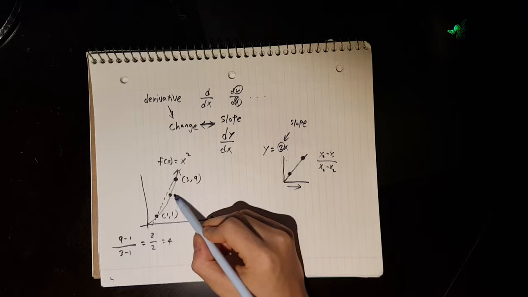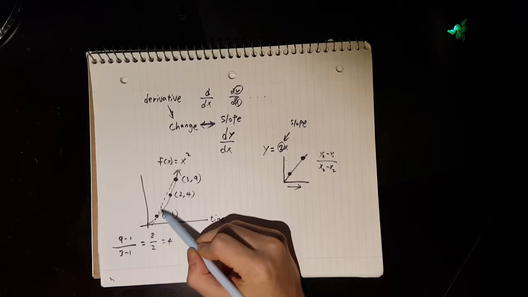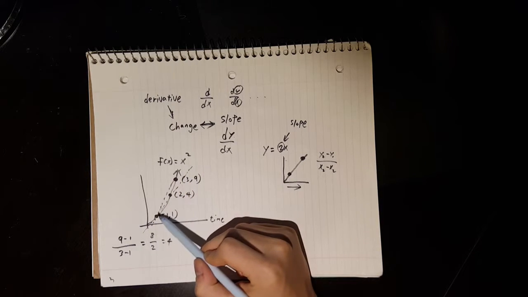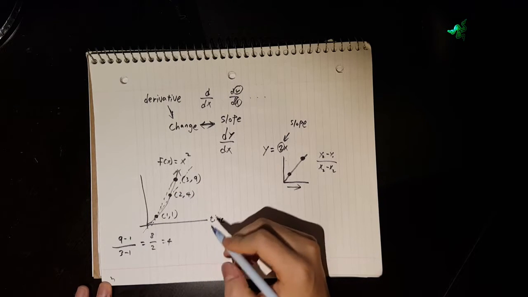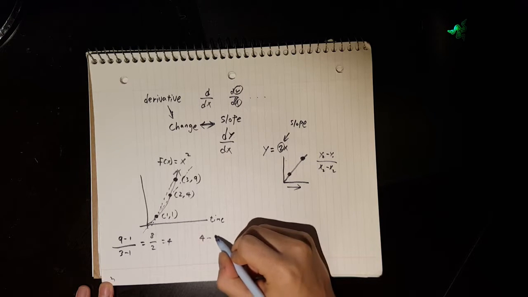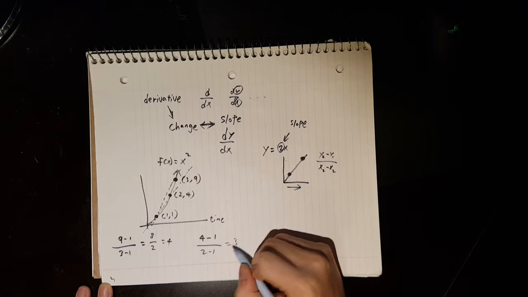Now, what if we want to find the slope between 2 and 4, a slope that goes like this? If you notice, it's a little bit less steep, so we're expecting a number that's less than 4. So let's figure out what the slope is going to be. It's going to be (4 - 1) over (2 - 1), which is 3.